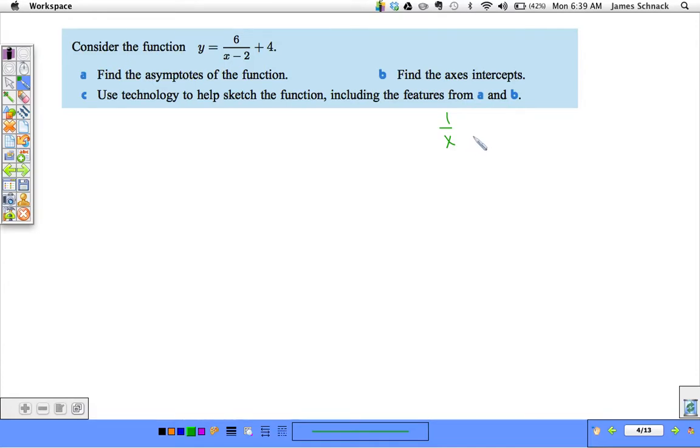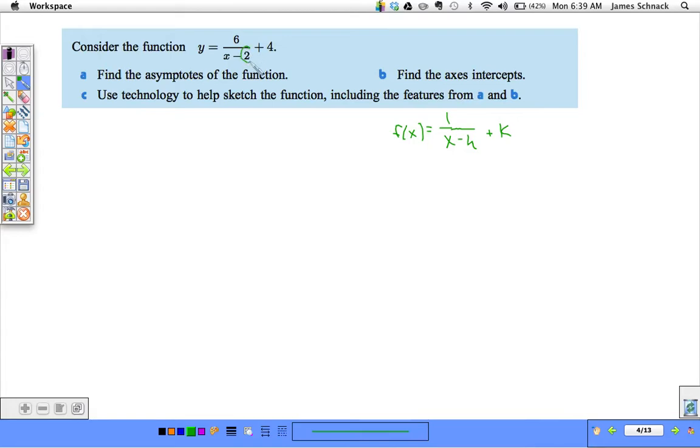We can apply certain shifting techniques that we have in the past. We've seen these types of letters, h and k, that shift us horizontally and vertically.